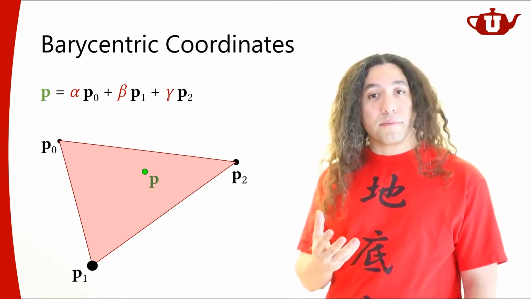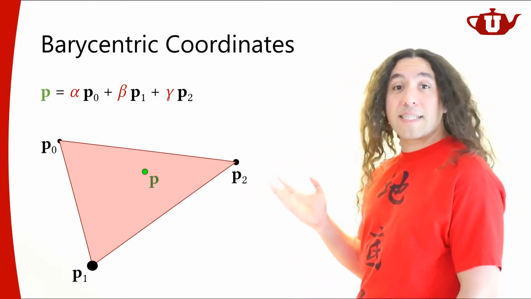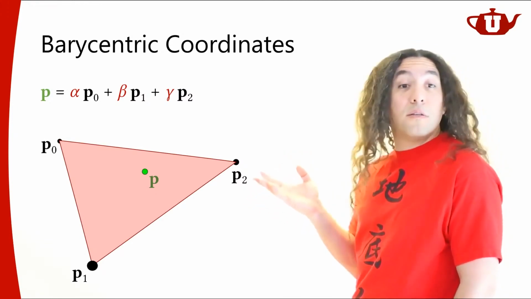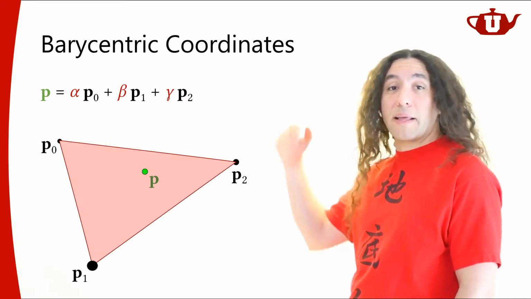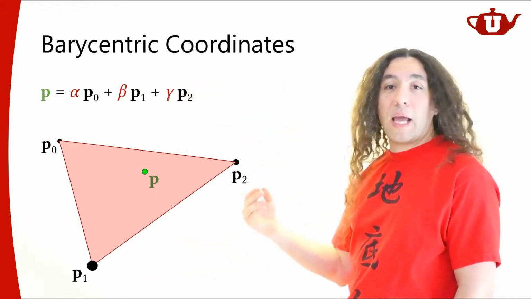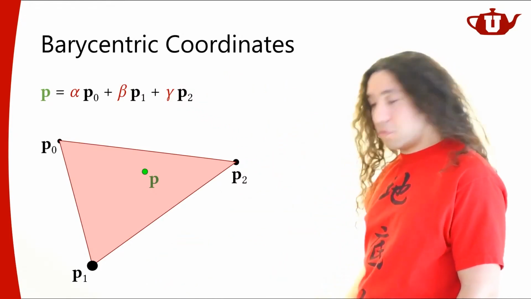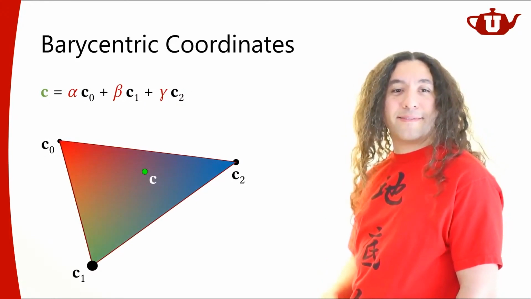For example, instead of positions here, I can just assign some colors to these vertices. Let's say that P0 is going to be red, P1 is going to be green, and P2 is going to be blue. Let's do it. I did that.